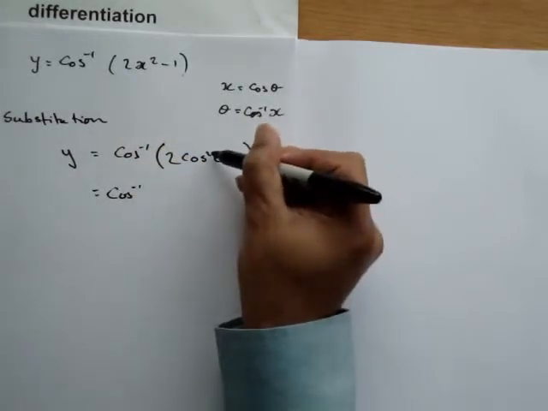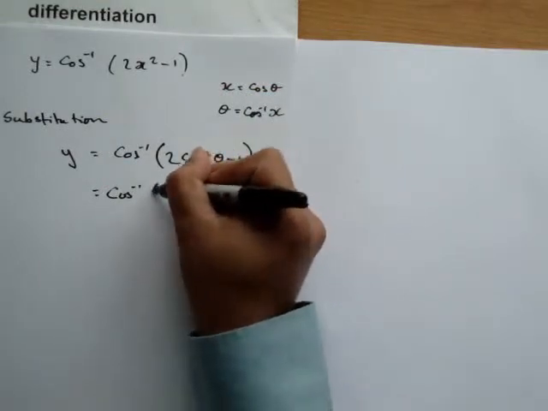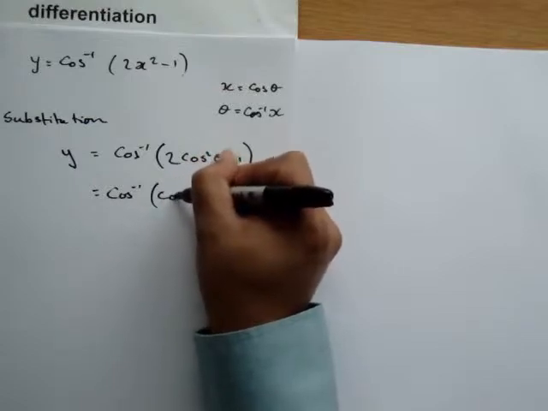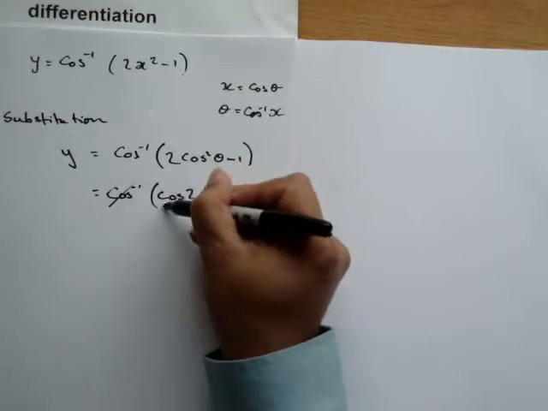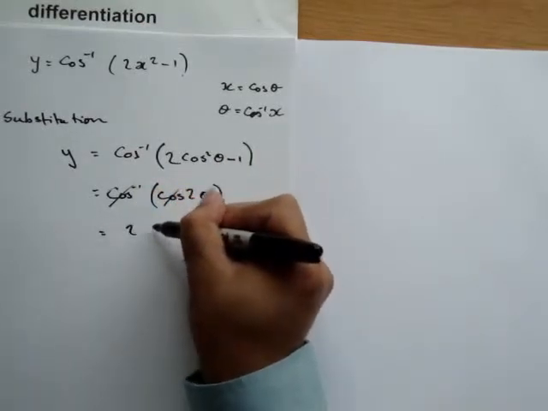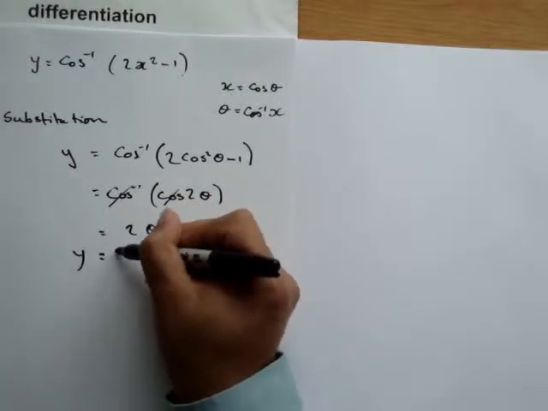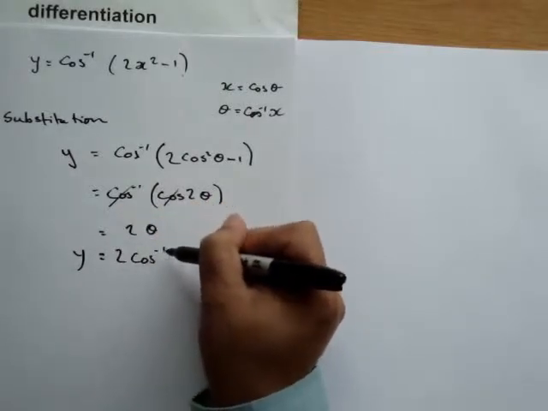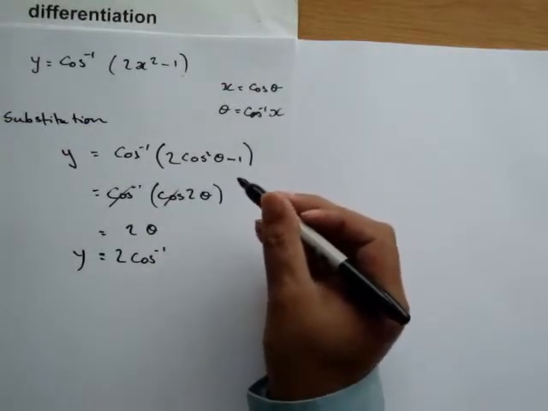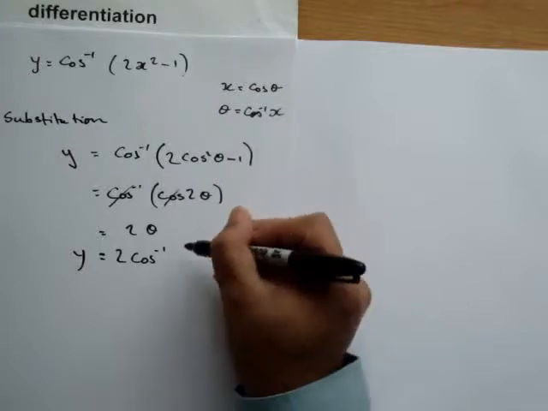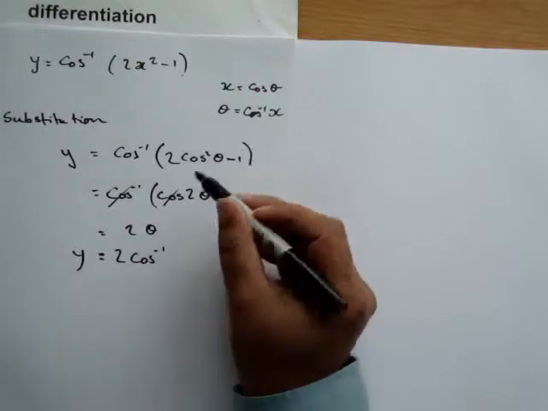Now 2 cos squared theta minus 1 is the same as cos 2 theta from our double angle formulae. These two cancel. So y equals 2 inverse cos, and 2x.